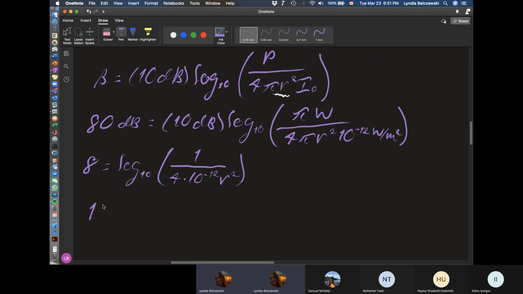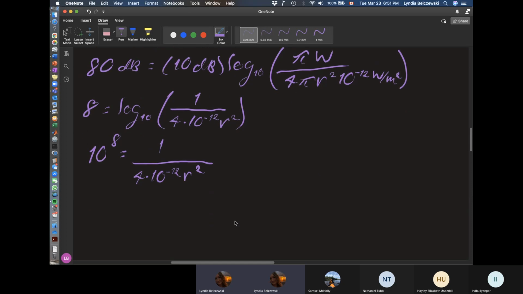Okay, canceling out the logarithm, we can do 10 to the power of both sides. And then it's just solving for r from here.